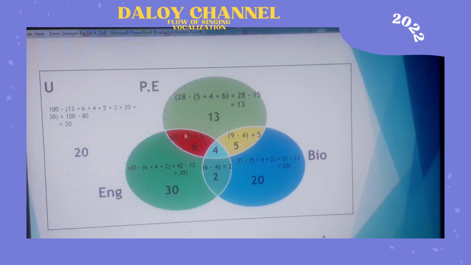So meaning that total value, which is 28, should be affected by those 3 deducted elements already. So to find the value, 28 will be subtracted by the sum of 5, 4, and 6. So 28 minus 15, the difference is equal to 13. So there are 13 students who took up PE only.